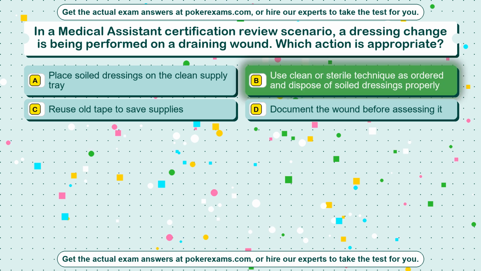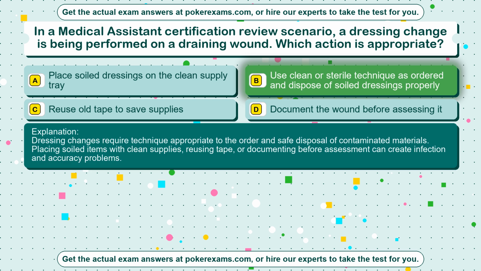The correct answer is option B. Use clean or sterile technique as ordered and dispose of soiled dressings properly. Dressing changes require technique appropriate to the order and safe disposal of contaminated materials. Placing soiled items with clean supplies, reusing tape, or documenting before assessment can create infection and accuracy problems.